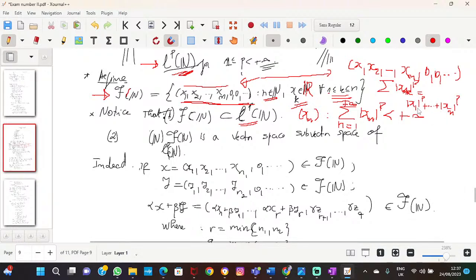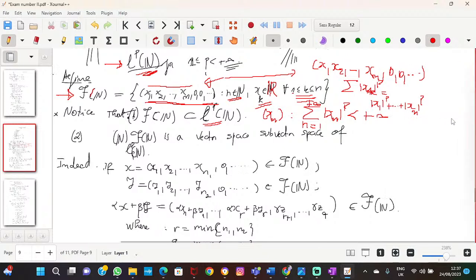It's a finite sum of real numbers. It cannot be anything but a number that is strictly less than plus infinity. That is why all the elements of this form, which form the set calligraphic F of n, are also LP elements. So that makes this set a subset of the LP space.